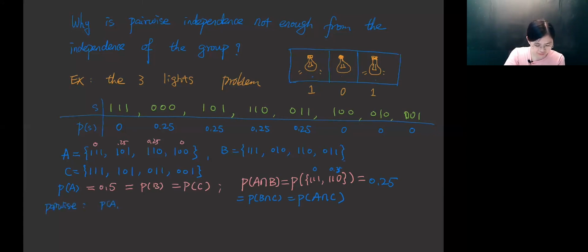P of A and B equals P of A times P of B. P of B and C also equals P of B times P of C. P of A and C also equals P of A times P of C. So pairwise independence does hold.